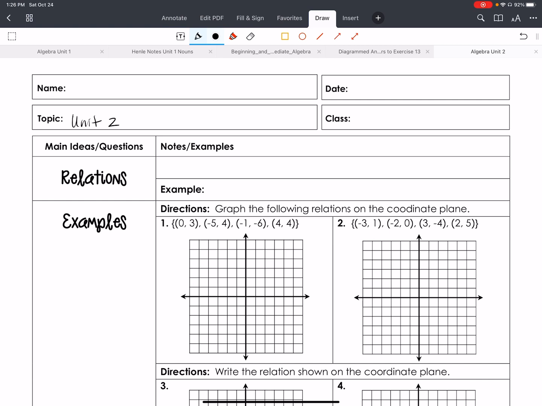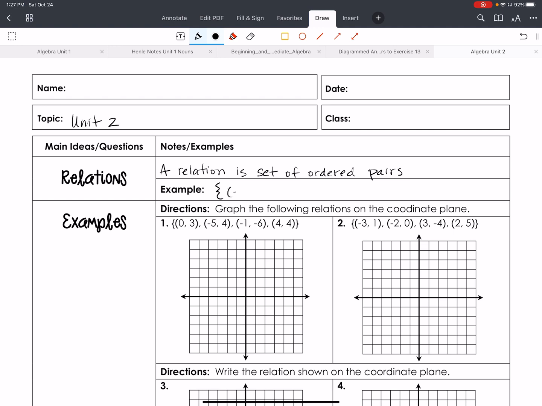So a relation is just a set of data. I'm spelling relation right? Yes. It's a data set of ordered pairs. So when we're talking about sets, like we had a set of answers to x when we did absolute value, we use our curly braces.